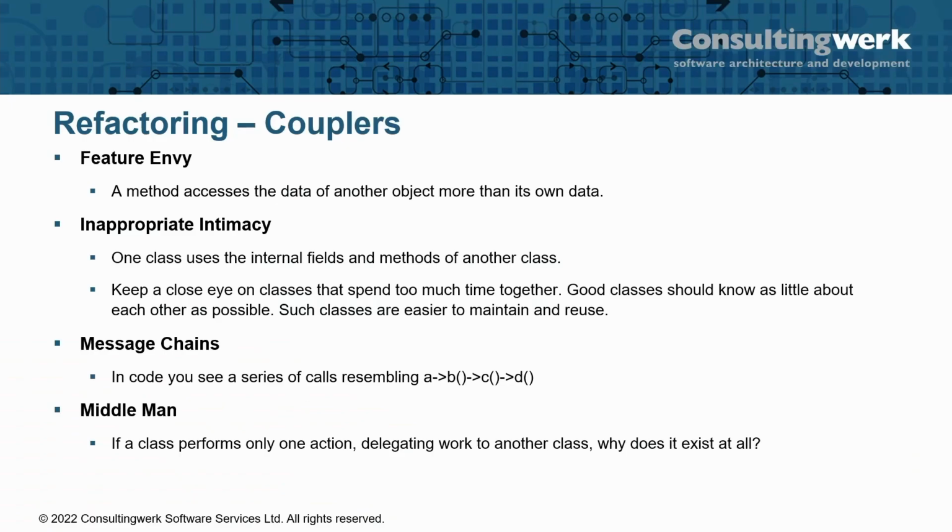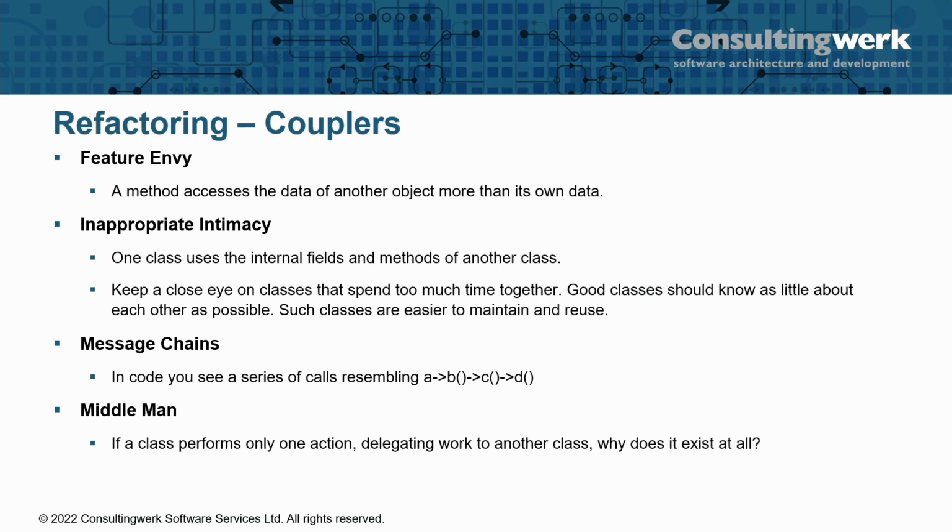But it's when it's getting his own details from that class, then that's feature envy, because then the segregation has not been done properly. Then you've got inappropriate intimacy, what I sort of called it, is when you're accessing internal fields and methods of another class when they should be in its own class.